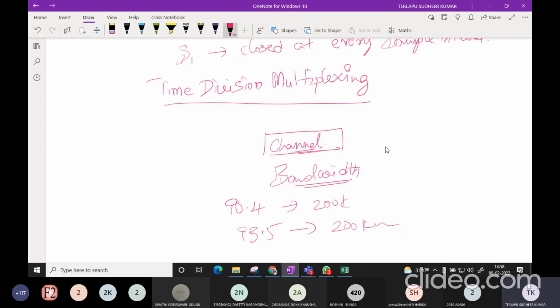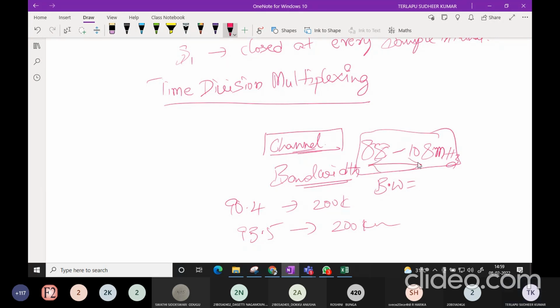Now, out of 88 to 108, what is the total bandwidth we have? What is this entire band range?